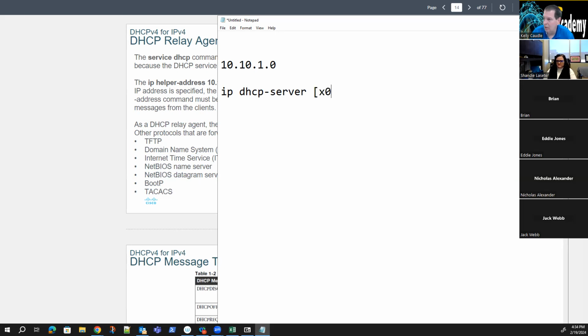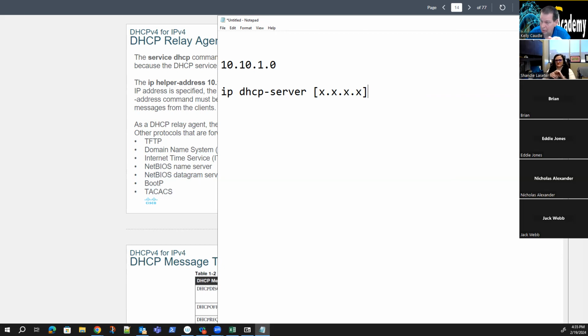So x.x.x.x. So that's the correct command there. Now, technically, that is supposed to only send BootP, none of the other items. If I was running a super secure environment, that's the one I would use.